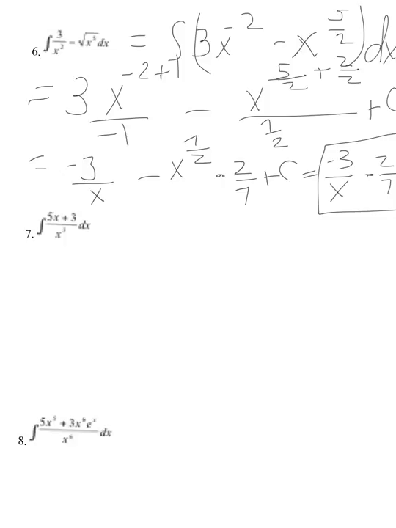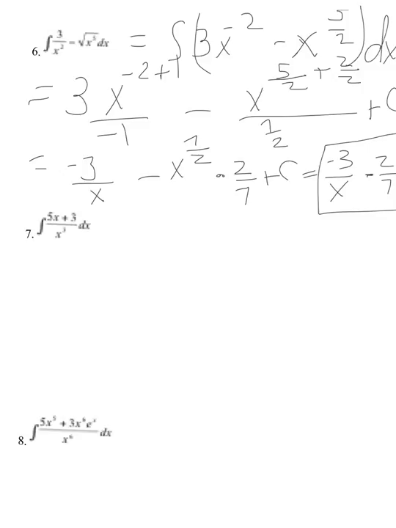Yes, we would want to take the x and put it in the numerator. So it would be a negative 3x to the negative 1. And that's how you would end up with the x to the negative 2, which would become an x squared on the bottom.